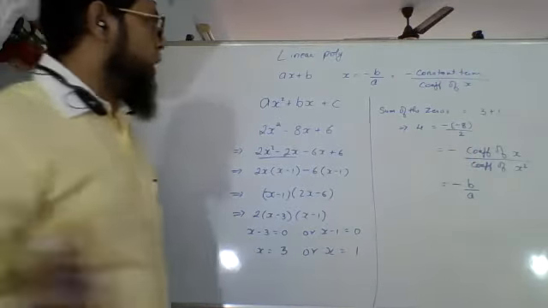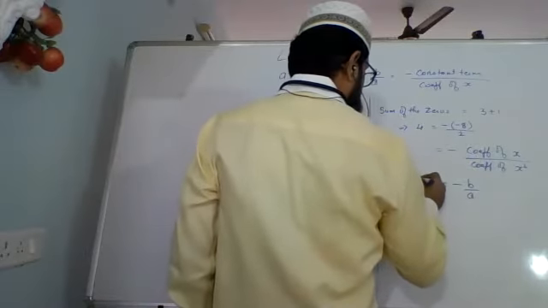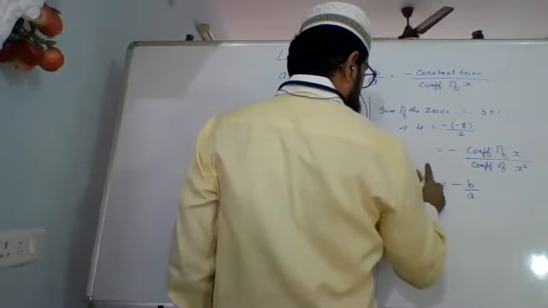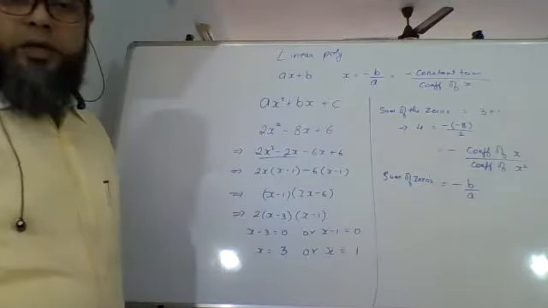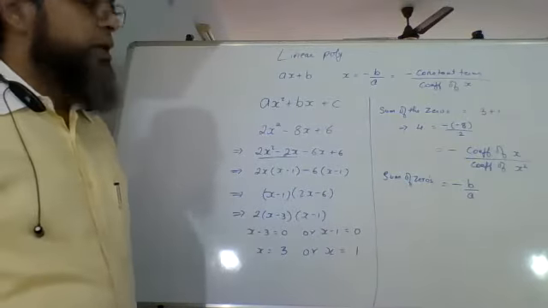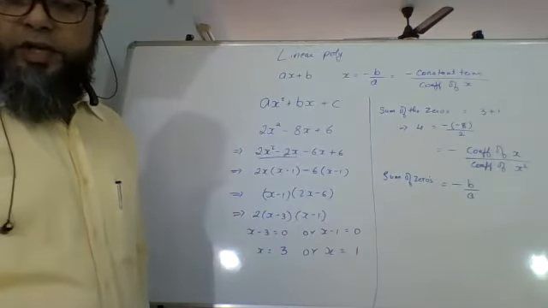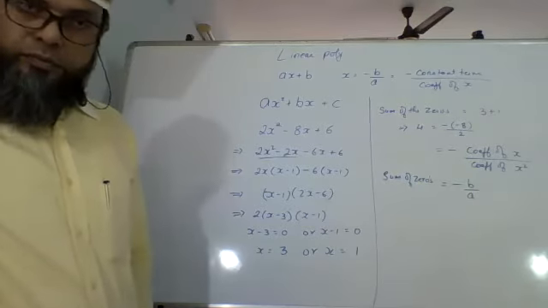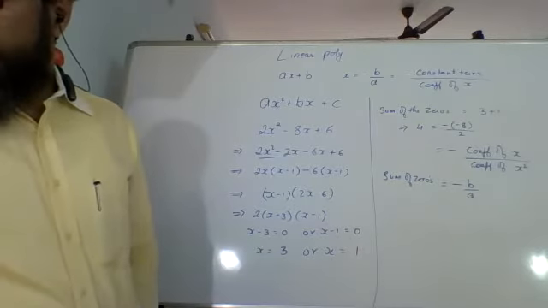Is this clear? So I can say sum of zeros is minus b upon a.